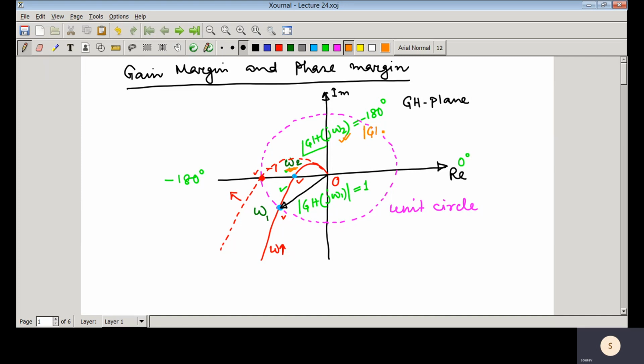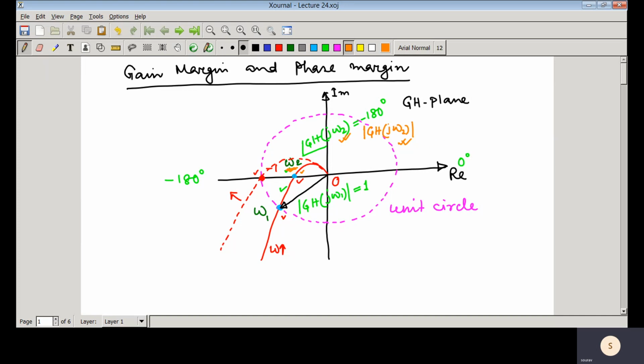Here that gain would be G(j omega 2) H(j omega 2). So this is the gain at this particular point. Now if we multiply the loop transfer function by the reciprocal of this gain, that means G H (j omega 2) into 1 by G H (j omega 2), then that gain would be actually 1.